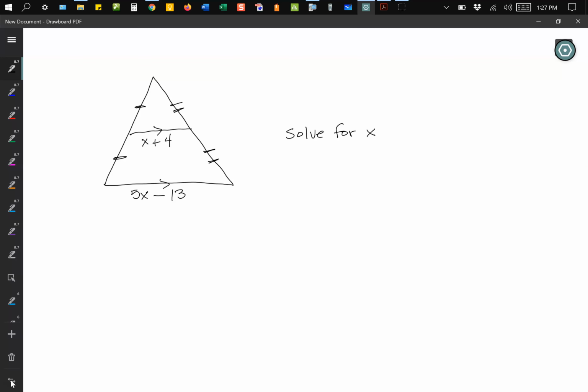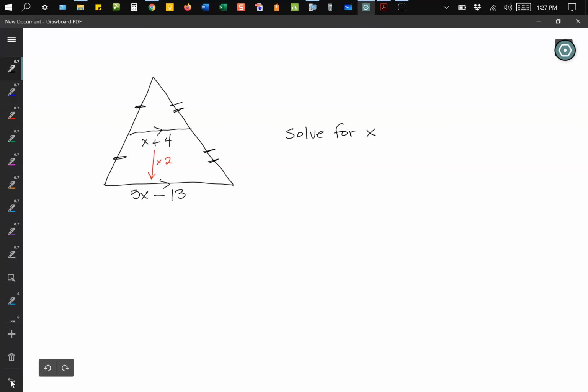How would you do this? So what you want to do is think about, well, what is the relationship between those two segments? So you know that the one labeled x plus 4 is the midsegment, and you should know that if you take the midsegment and you multiply it by 2, you would get that side.